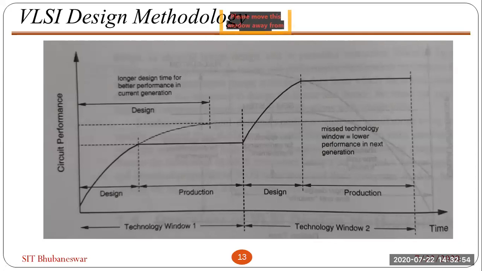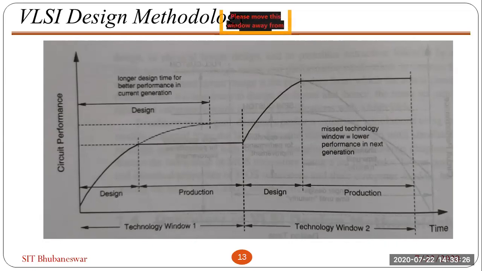The second part means the time will be used for technology window 2, that means the next version of the technology. But if you use that time for the previous version of the technology, you will get somewhat better performance than the previous version, but it will be less than the technology window 2 performance.